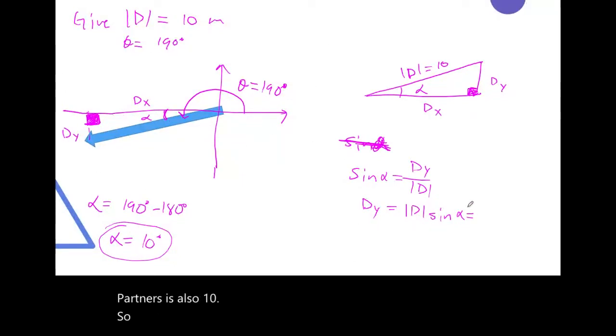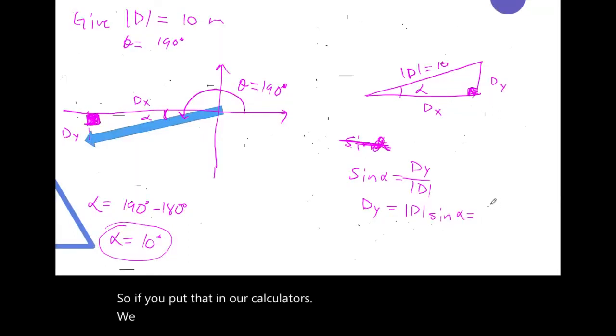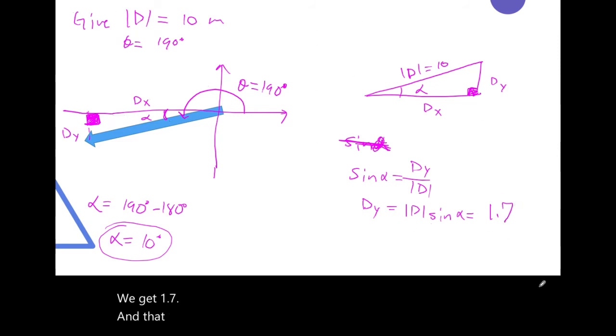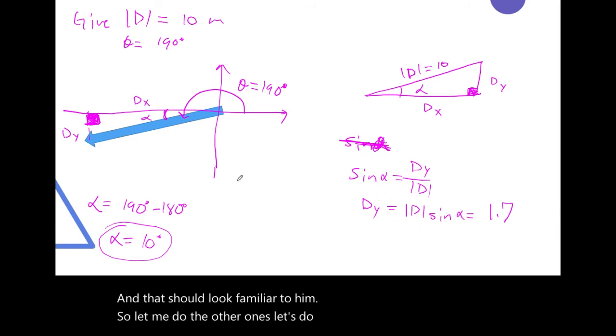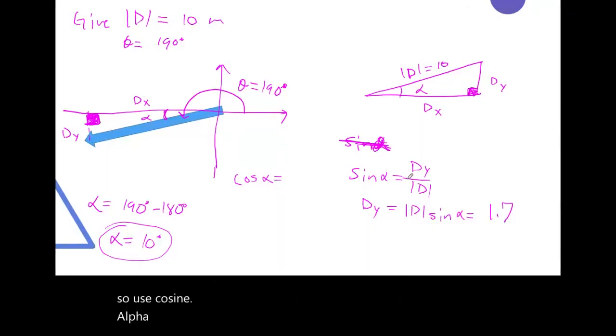So if we put that in our calculators, we get 1.7. And that should look familiar to you. So let me do the other one too. Let's solve for the x component. We use cosine alpha equals dx, the x component, divided by the hypotenuse.